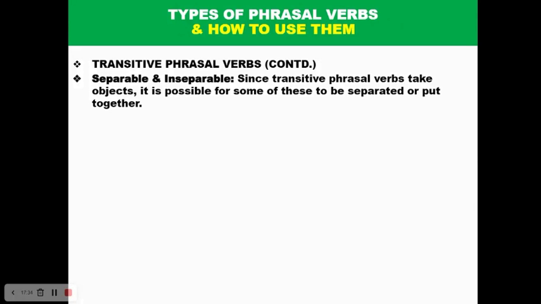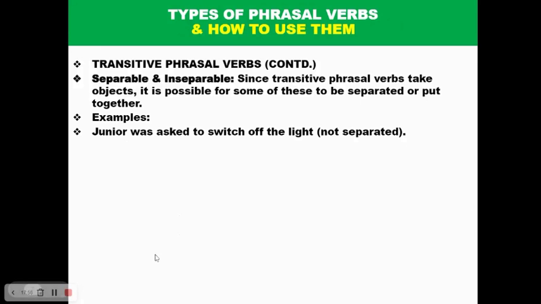There are some transitive verbs that can be used both as separable and as inseparable. And this is because transitive phrasal verbs take objects. And so it is possible for some of them to be separated and some of them to be put together. Let's look at examples of what we mean.